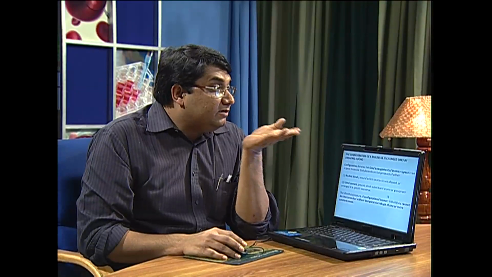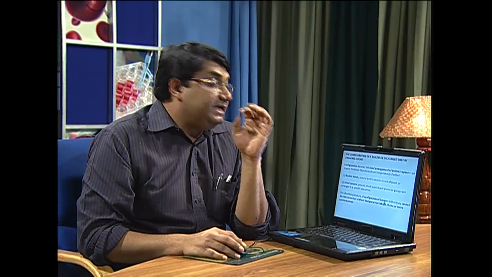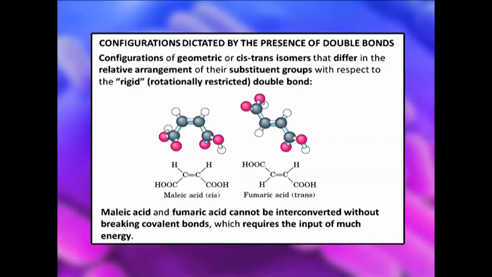The identifying feature of configurational isomers is that they cannot be interconverted without temporary breakage of one or more covalent bonds.